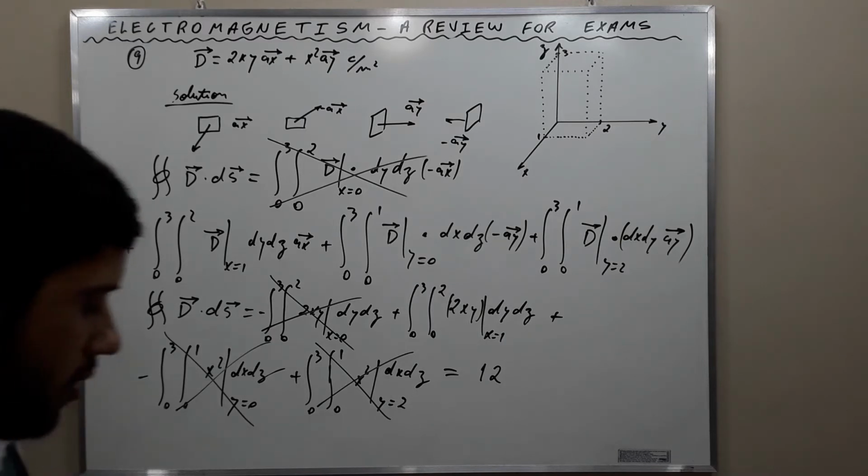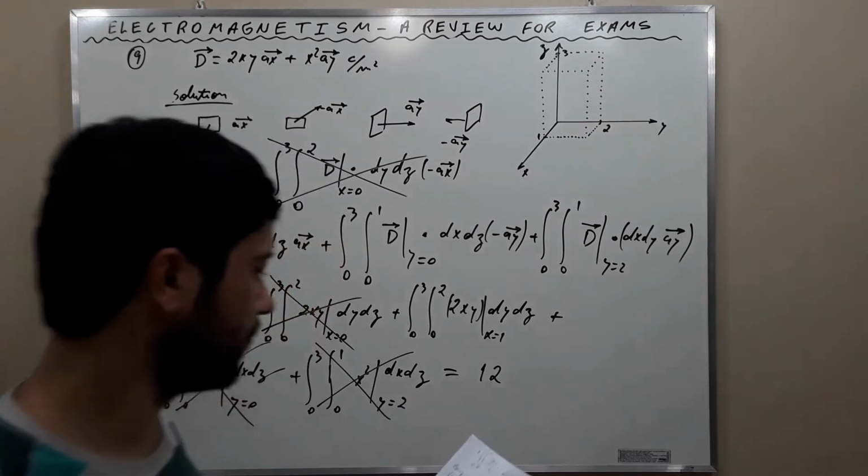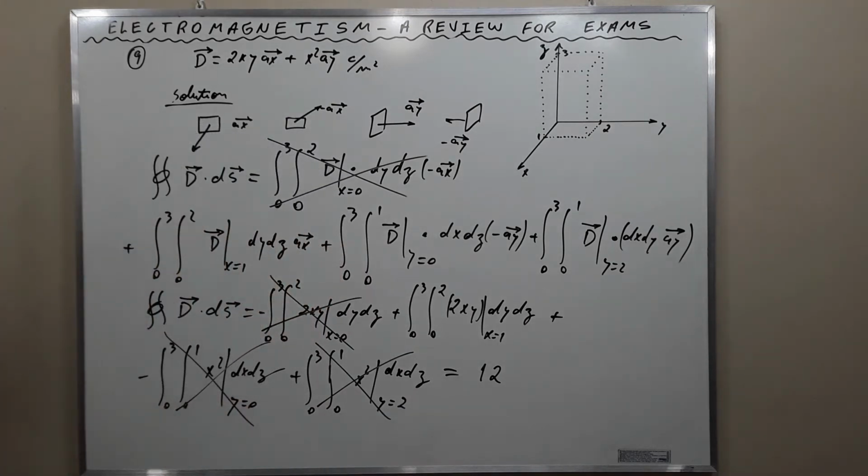There is another way of calculating this. The exercise wanted us to evaluate both sides of the divergence theorem. This is one side of the divergence theorem.